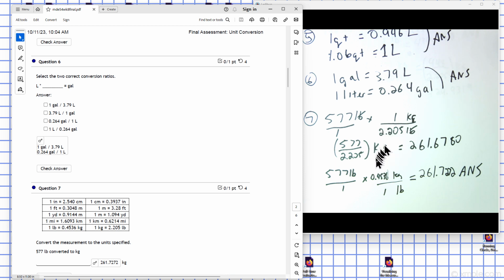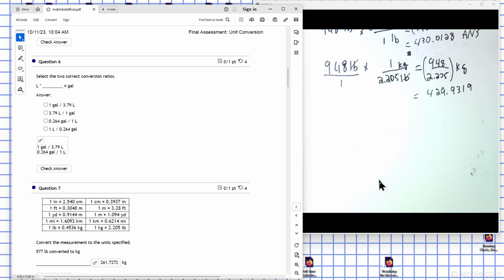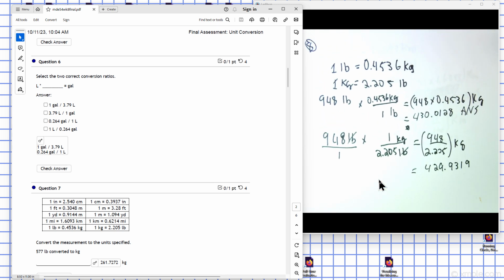Mathematically, they're both the same. Only difference is that there's slight approximation, so they won't be exact. And that's your answer for that one. And that was number 7. Number 8.